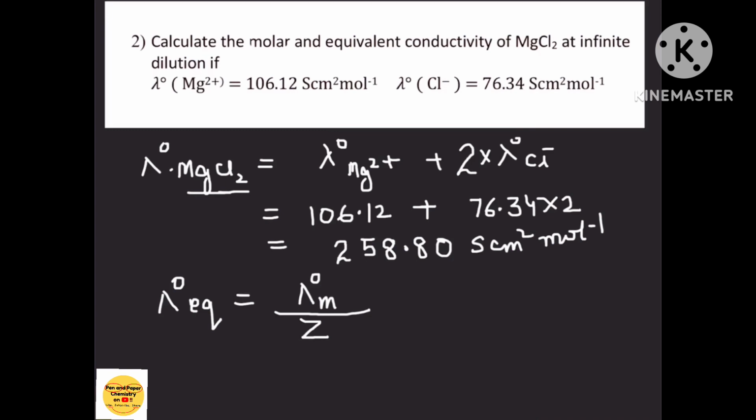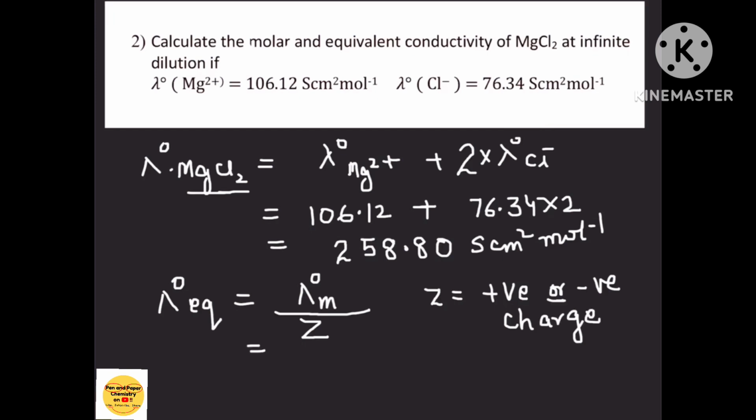Z means the total number of positive or negative charge on the electrolyte. So, positive or negative charge which is there on the electrolyte, not and, it's or.